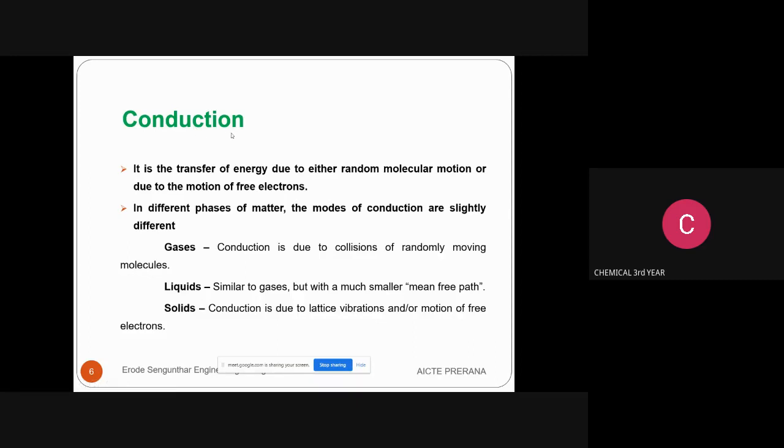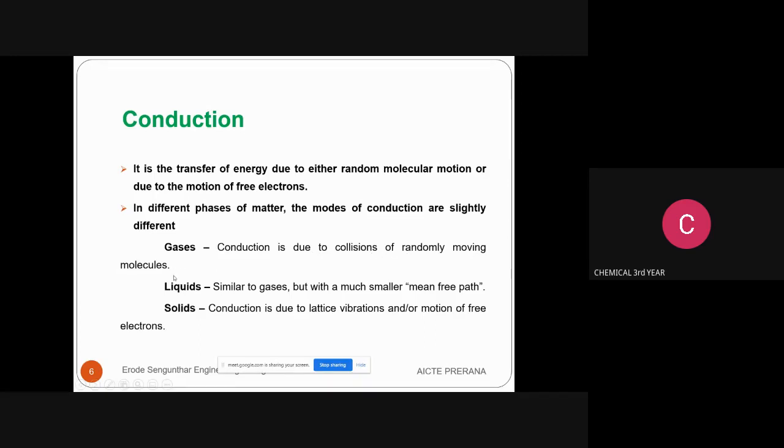How are we mentioning solid as the medium for the conduction process specifically? See, here I have mentioned the reasons. First, it is due to either random molecular motion or motion of free electrons, we came to know. And why particularly solid only? See here, gases. Gases we are all well known about, it is the medium with the help of randomly moving molecules, right? So while giving the conduction process, it is due to the collisions of randomly moving molecules.